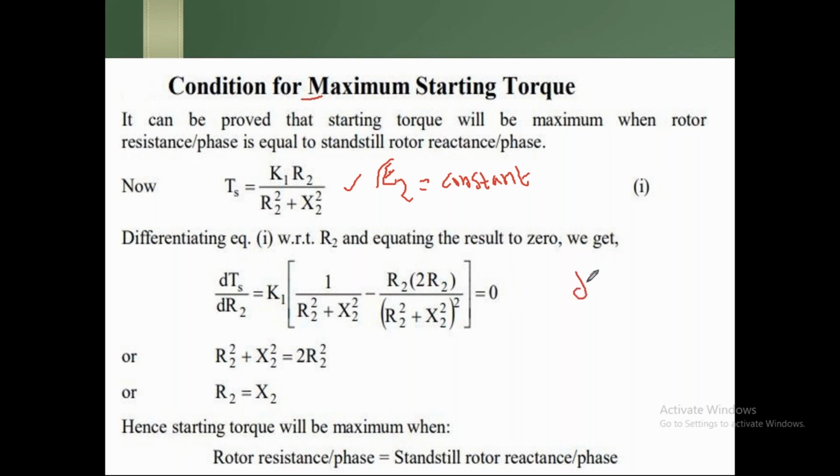So, dTs divided by dR2 equals 0. Why do I take R2? Because to increase or decrease the speed, it depends on the resistance, the external resistance. So that's why the resistance is the parameter that will decide the torque. That's why I am going to differentiate this torque equation with respect to R2.